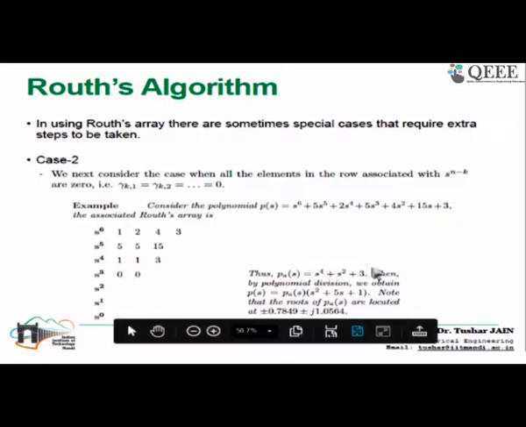Then I divide this whole polynomial by this auxiliary polynomial PA, and once you divide, the residual is this one.